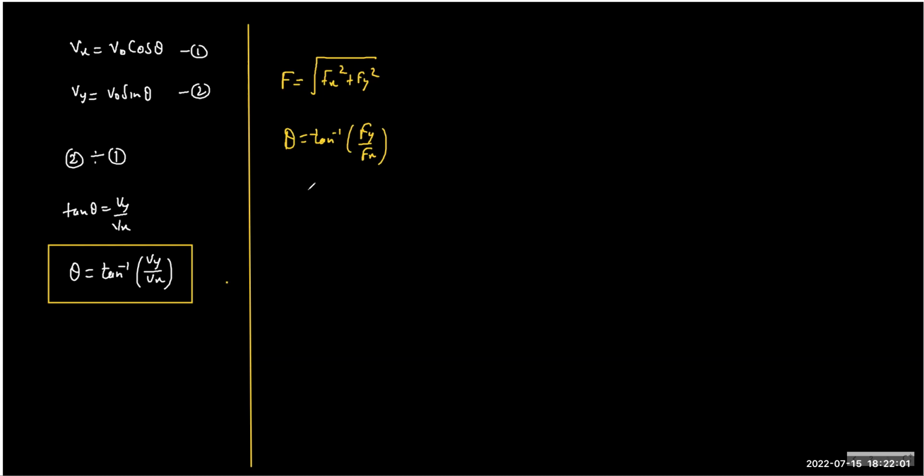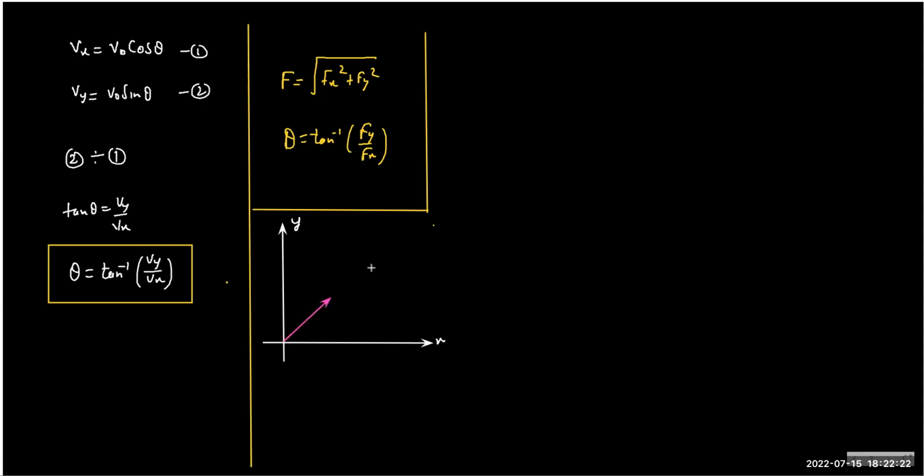Let's say I write a very simple and famous vector called the position vector. Let's say we have a position vector something like this, with y and x axes. This is a simple vector we call the r vector.